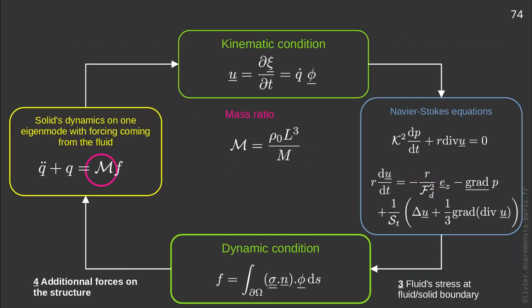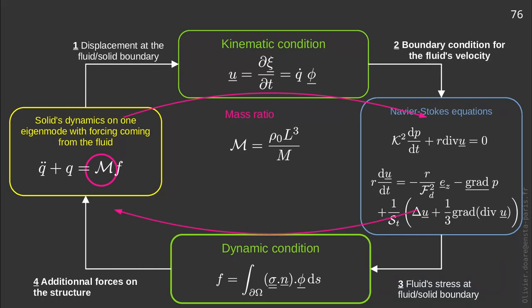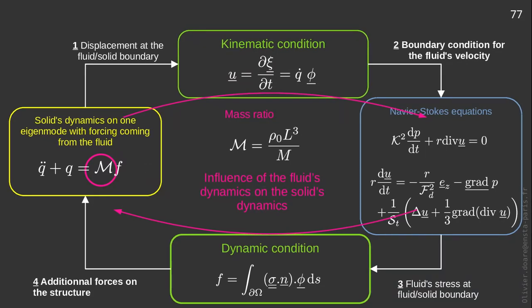And finally, the last number is the mass ratio. It appears on the right of the oscillator equation. Expressed in this form, the solid influences the dynamics of the fluid through the kinematic condition, and the fluid exerts a force on the solid through the dynamic condition, which induces a force proportional to the mass ratio.